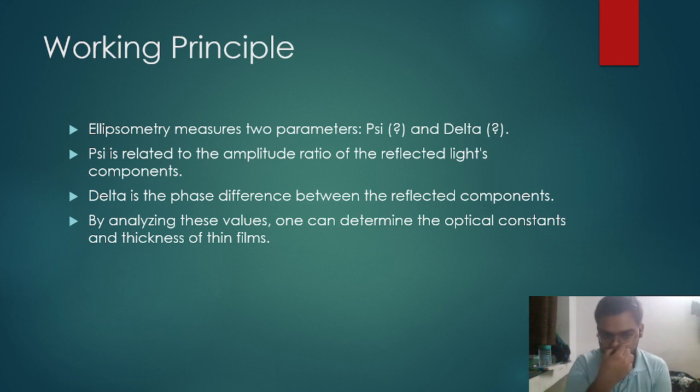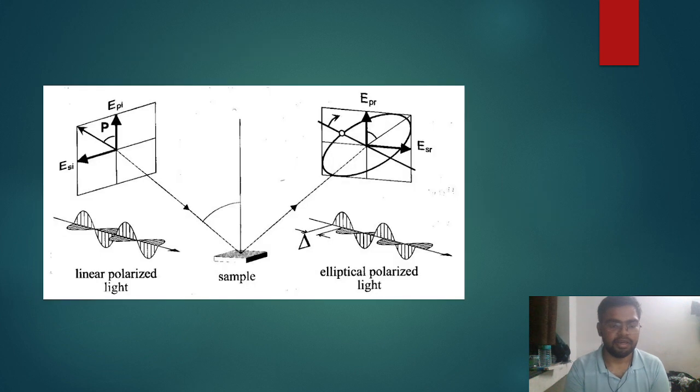So the main working principle for ellipsometry is that it measures two parameters, which we name as psi and delta. The psi is related to the amplitude ratio of the reflected light. As we see here, there's a difference in the amplitude ratio of the Es and Ep of the linearly polarized light and of the elliptically polarized light.